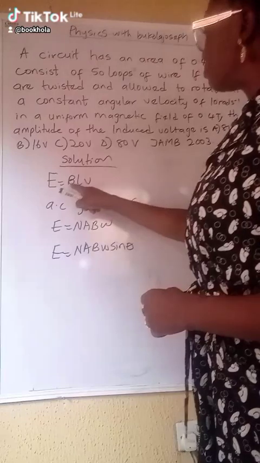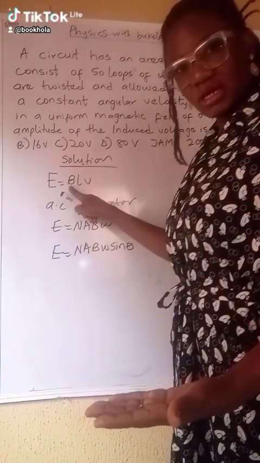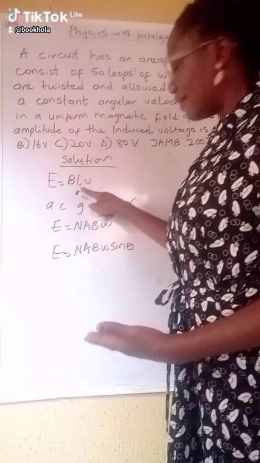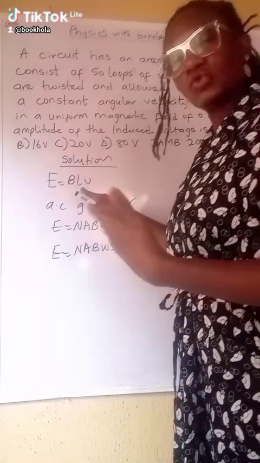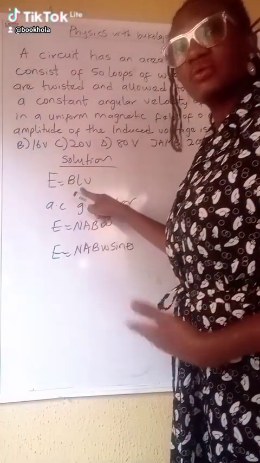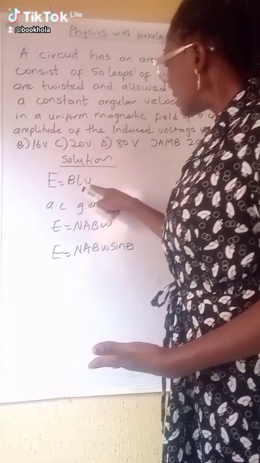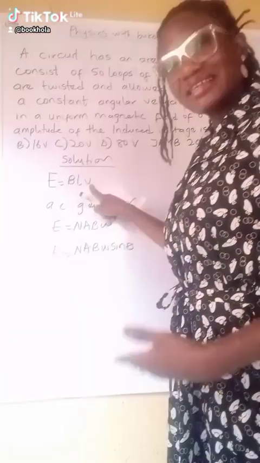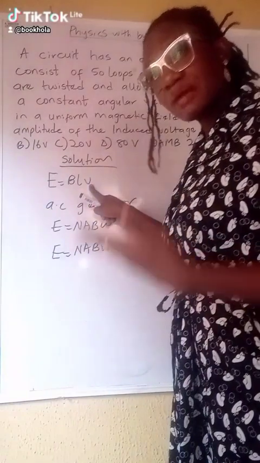B is the magnetic field and it is measured in Tesla. L is the length of the conductor, measured in meters. V is the velocity, measured in meters per second.